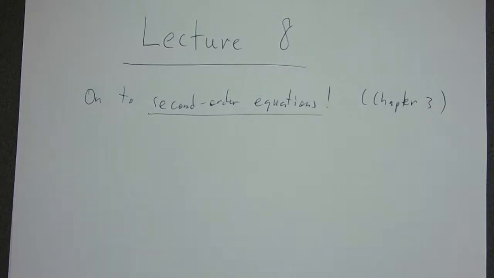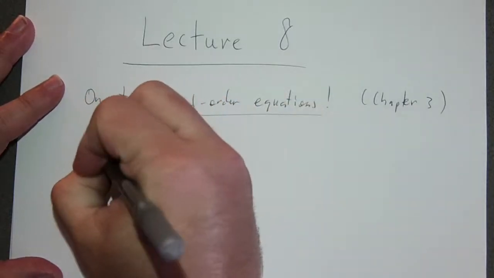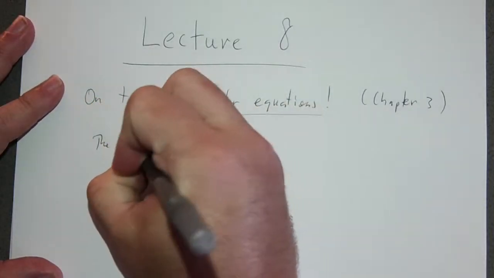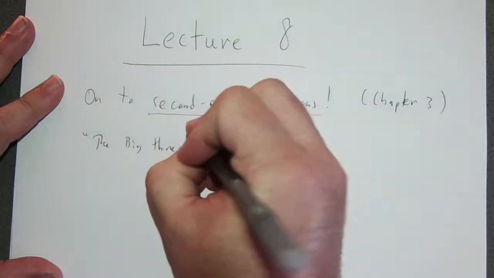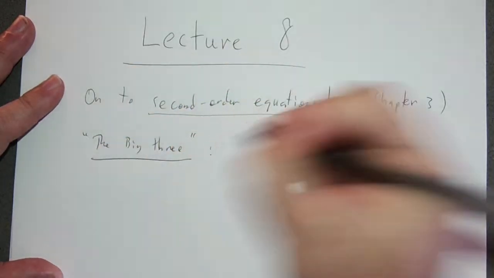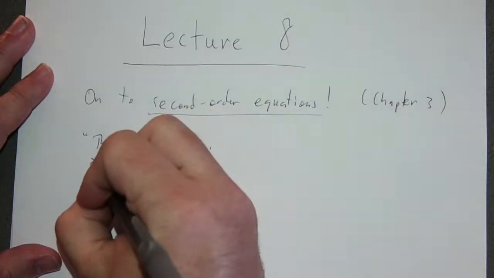So for the rest of this course, we're going to mostly focus our attention on specific equations. Almost all of our attention is going to be focused on three specific equations. So there's the big three second order equations.